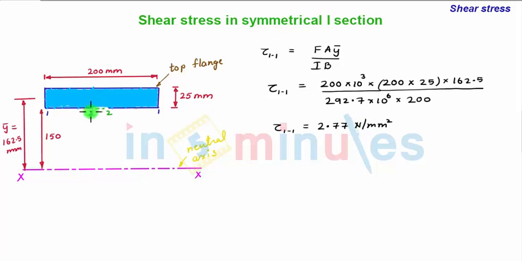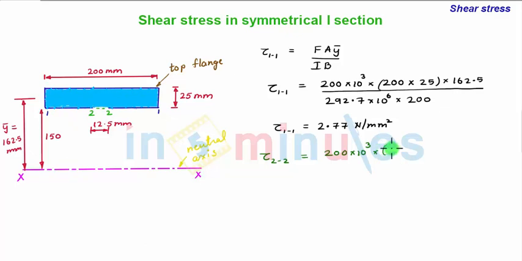Now let us consider the same layer, which is now the topmost part of the web, whose actual width is 12.5 mm. So we now determine the shear stress at layer 2-2, which will be given as, again substituting the same values in the equation, 200 into 10 to the power 3 multiplied by, since our layer has not changed, the A y bar of the shaded area above the neutral axis will remain the same.